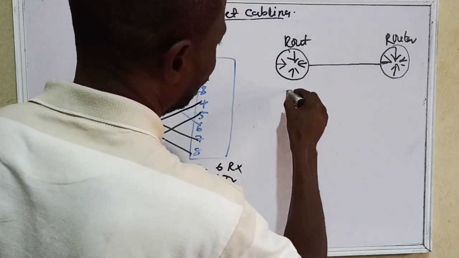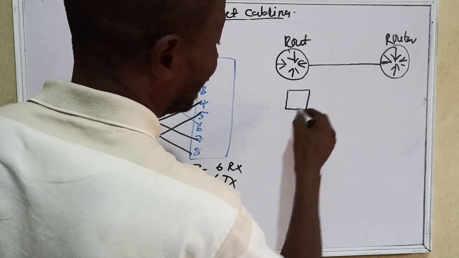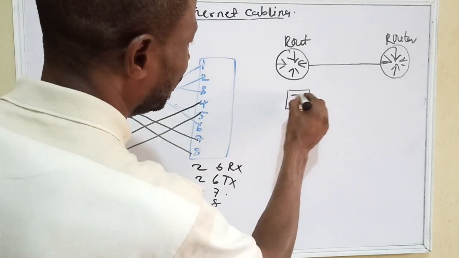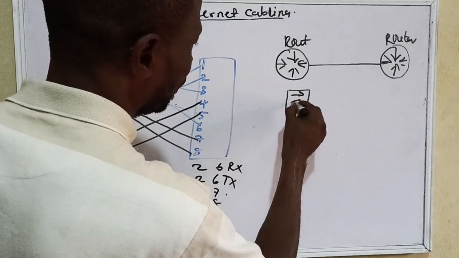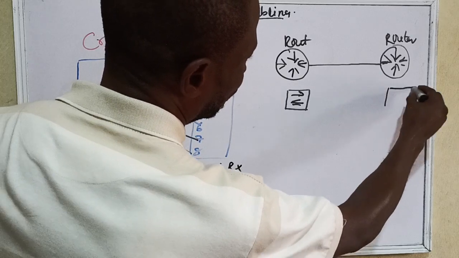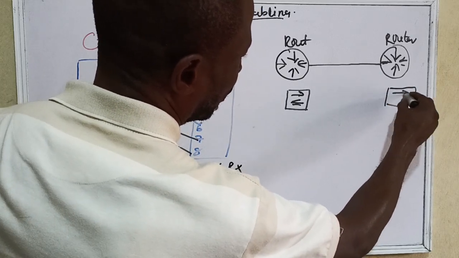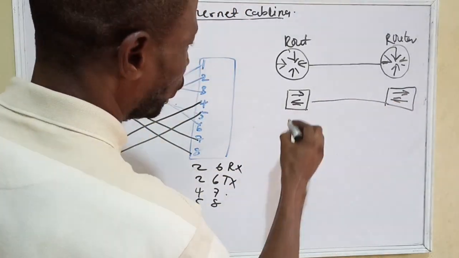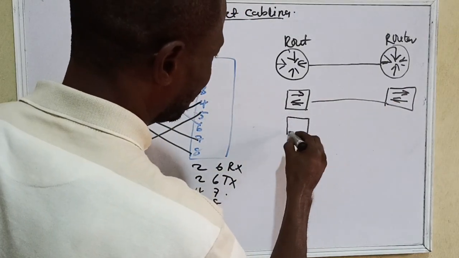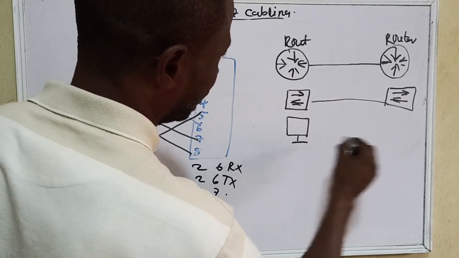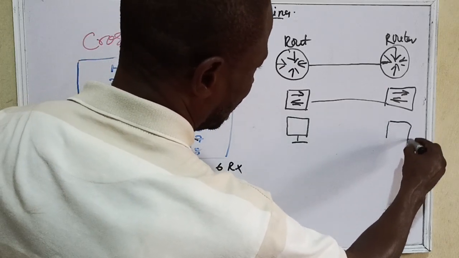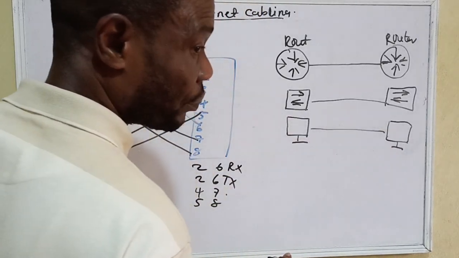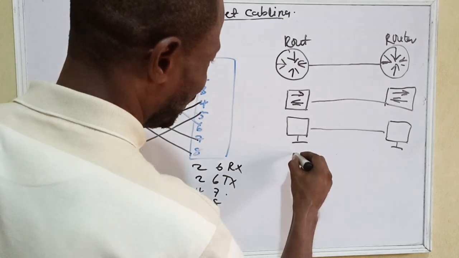Router to router, switch to switch, devices of similar layers. Okay, this is switch, this is switch, switch to switch. Crossover cable, we connect computer to computer, which is peer to peer.